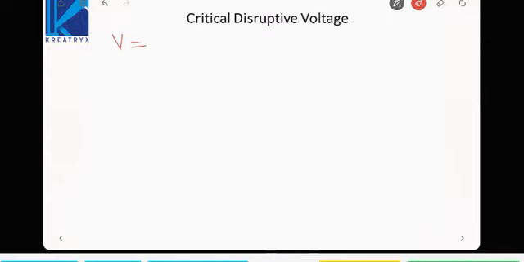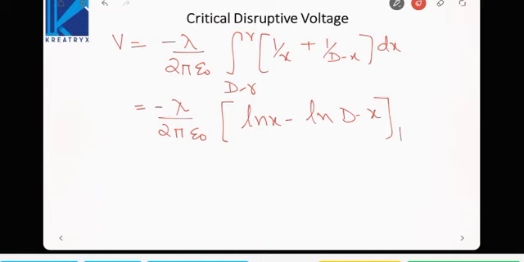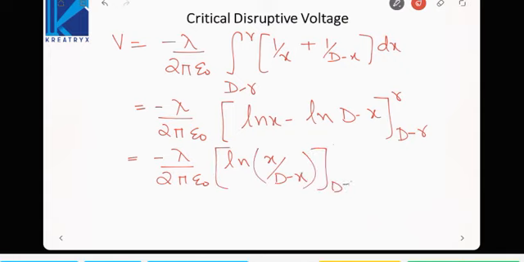So V will be minus lambda by 2 pi epsilon naught, integral from d minus r to r of (1 by x plus 1 by d minus x) dx, which is minus lambda by 2 pi epsilon naught times [ln x minus ln (d minus x)] from d minus r up to r.